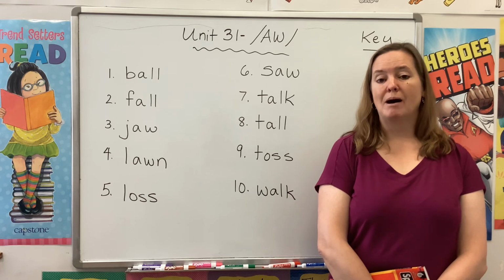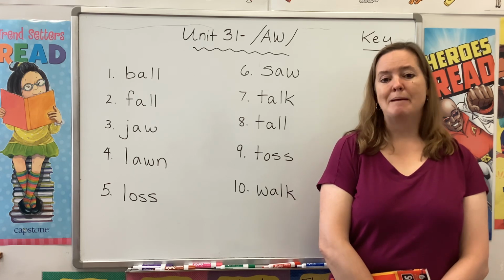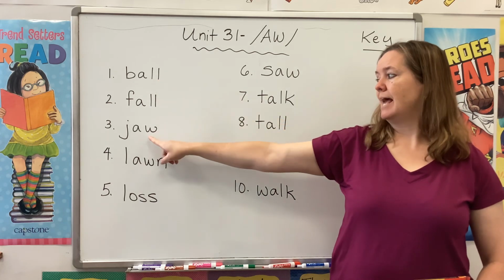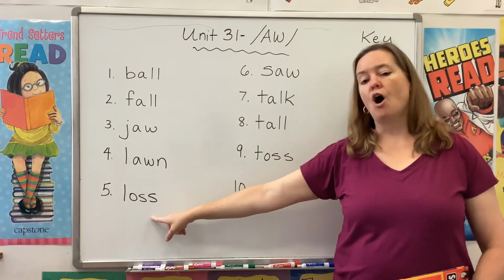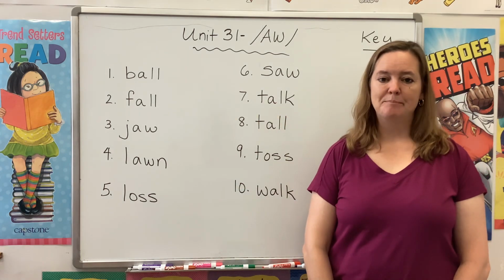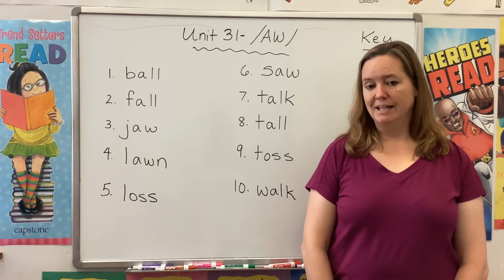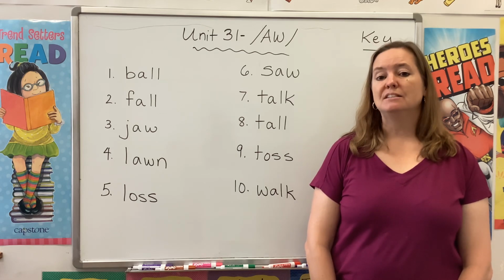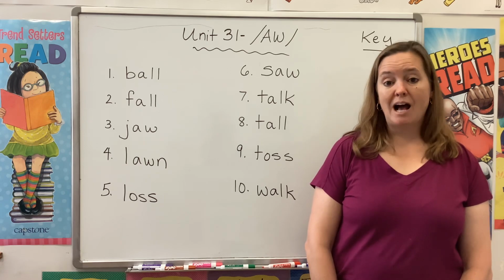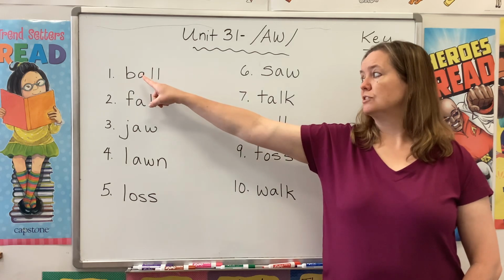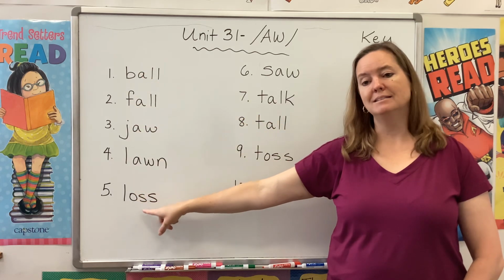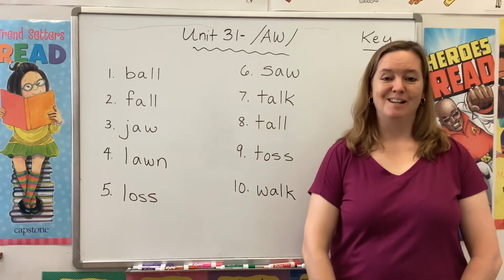Today, we're going to talk about 4 different ways to make the aw pattern. We're going to talk about A-L-L, A-W, O-S-S, and A-L. All right, so let's start by reading our list. As we do, please use your ears to listen for that aw sound and use your eyes to look for that chunk, either the A-L-L, the A-W, the O-S-S, or the A-L.